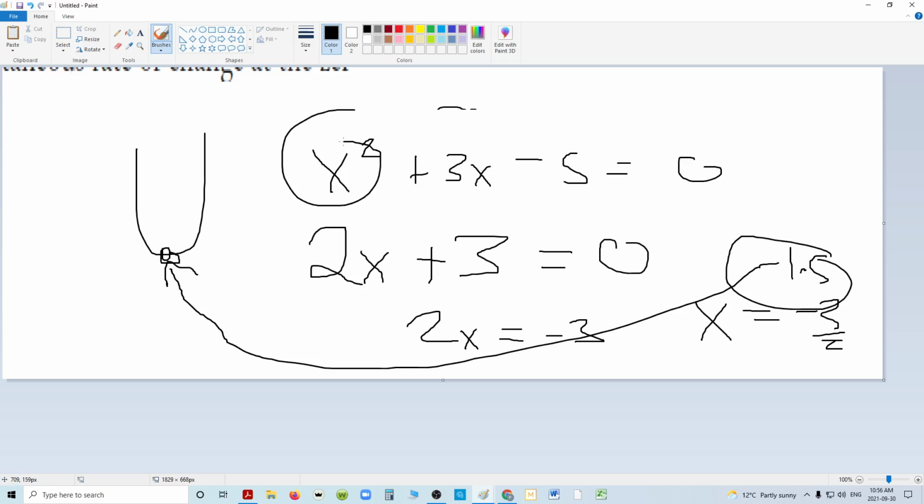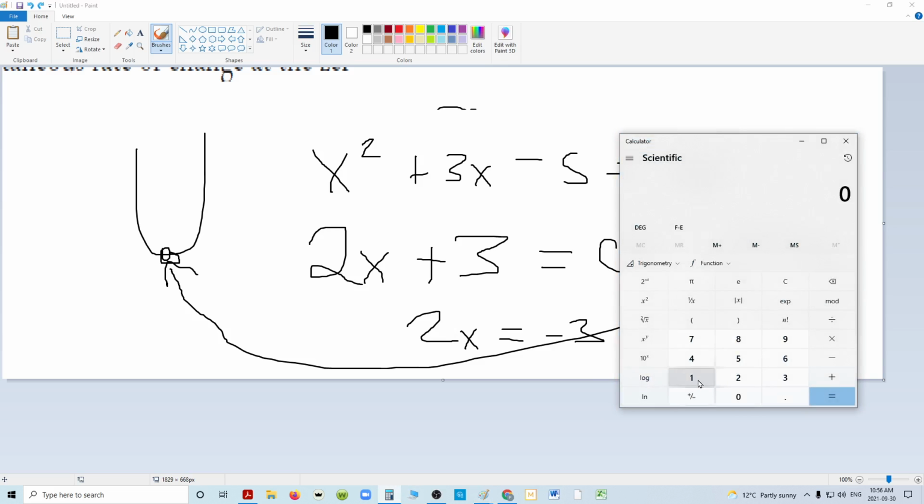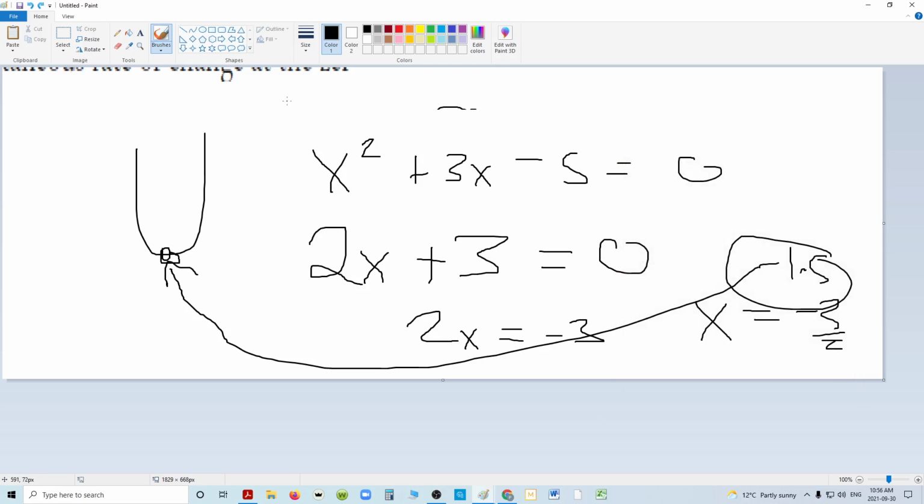Well, minus 1.5 squared is 2.25. Plus 3 times minus 3 over 2 is minus 9 over 2, which is minus 4.5.